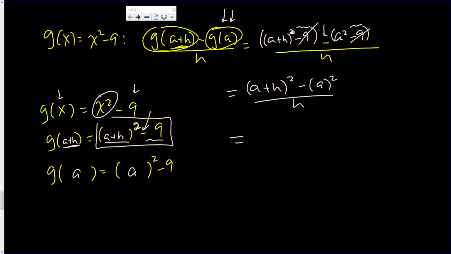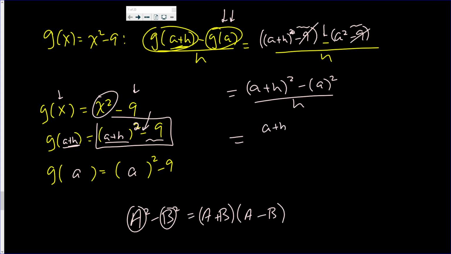You have the difference of squares. Whenever you have a squared minus b squared, the a and the b are being squared. In one bracket, you add them, and in the other bracket, you subtract them. So that's big A and that's big B. And I divide by h.